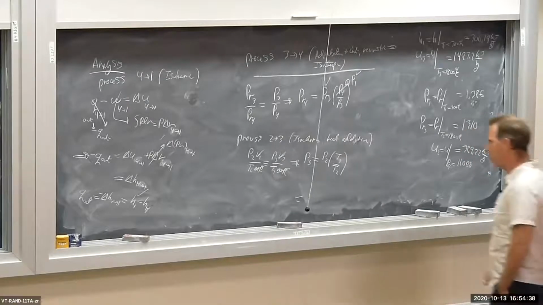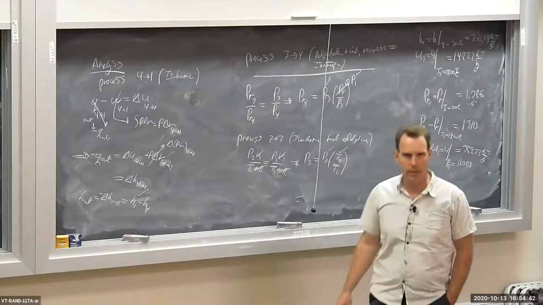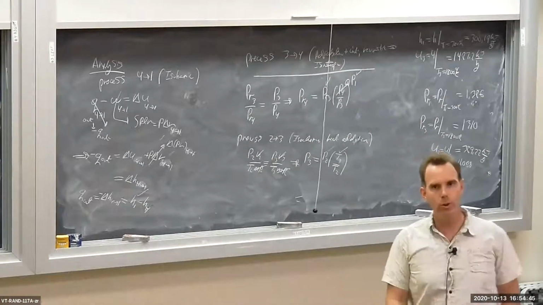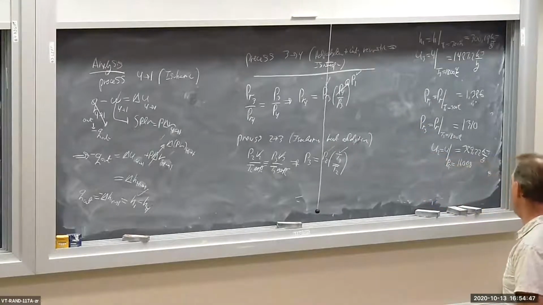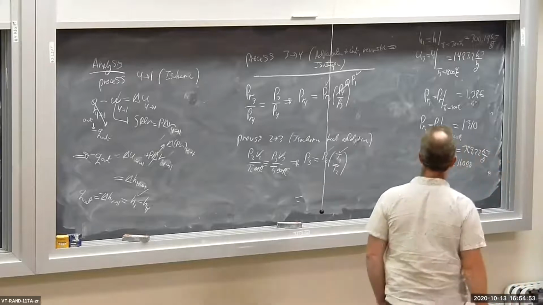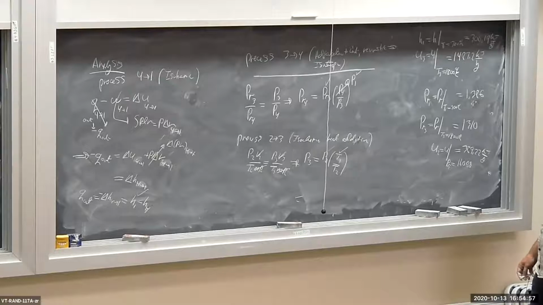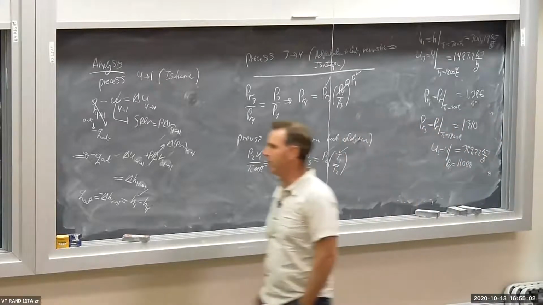Now, I have P2, it's 800 kPa. I have T3, it's 1800 degrees Kelvin. I do not have T2, but I do know that process 1 to 2 is isentropic.